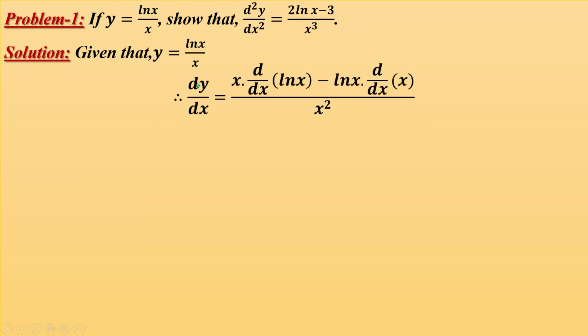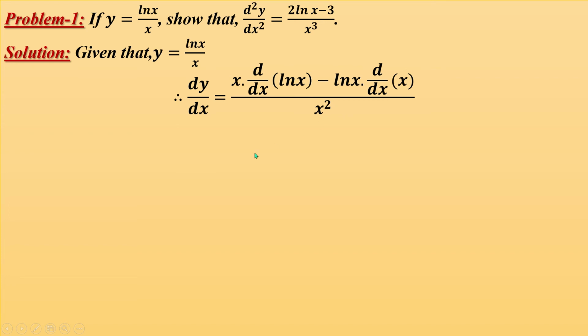Therefore here the derivative of y with respect to x, that means differentiating this with respect to x, we get the u divided by v formula: v into the derivative of u with respect to x, u means ln x, and u fixed, minus u fixed, the derivative of v, v means x, divided by v square, meaning x square.